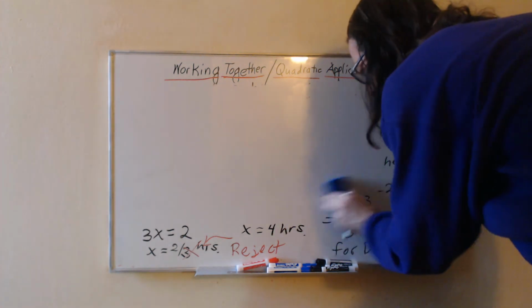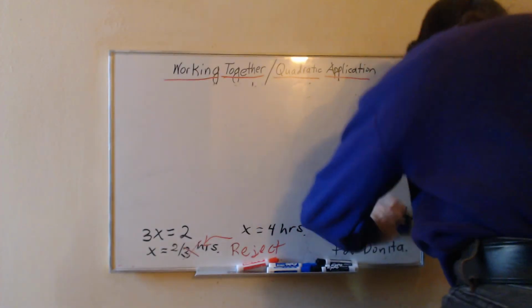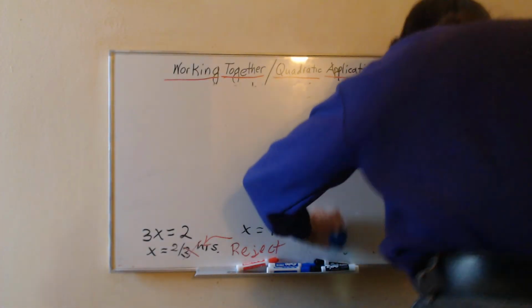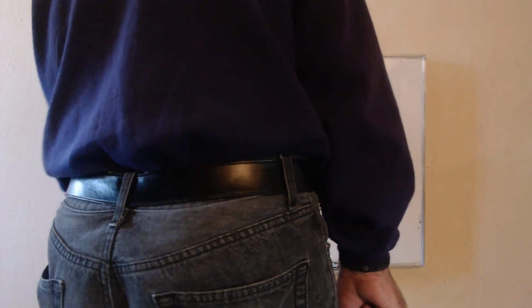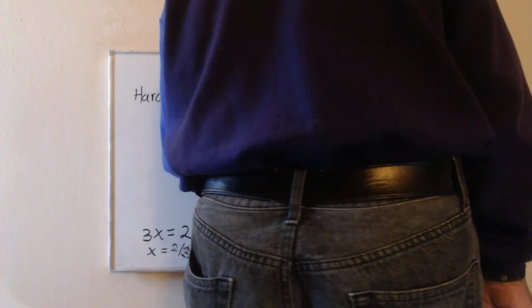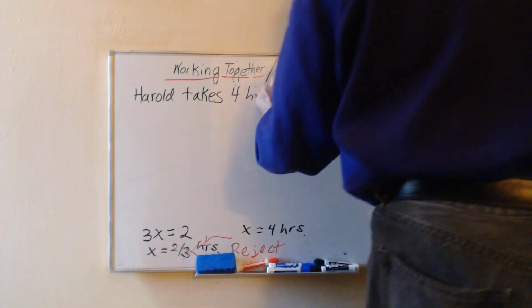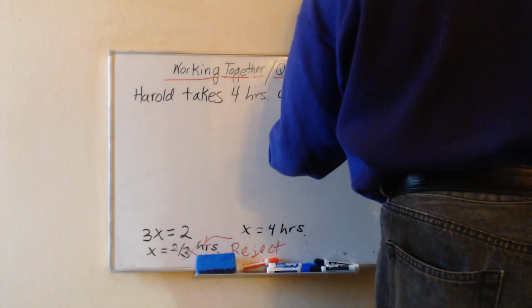Then we would have that Donita's time is 2 hours less. So Donita, working alone, takes 2 hours. I'm going to do a check on this.